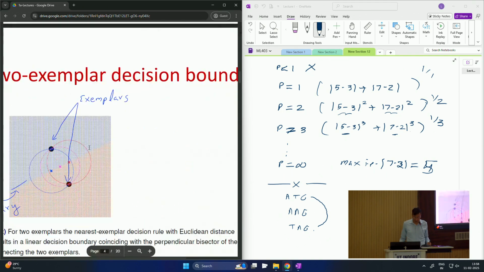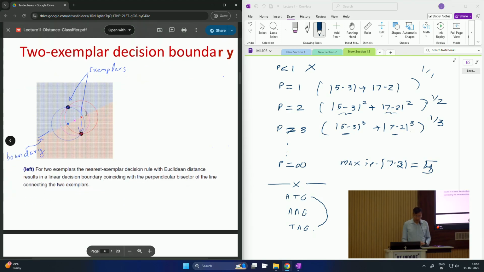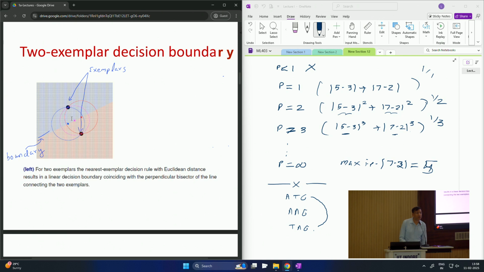So in this case, these were my two exemplars. The very first thing will be to find an exemplar, correct? Whatever norm you want to use, one norm, two norm, infinite norm, with square or without square, find a representative. Once you have found the representative, figure out what two classes you want to split this into.